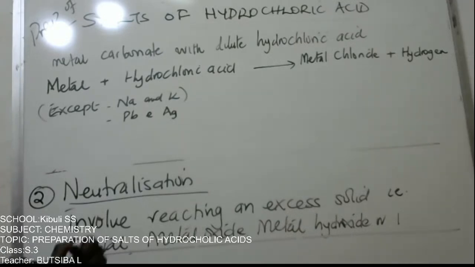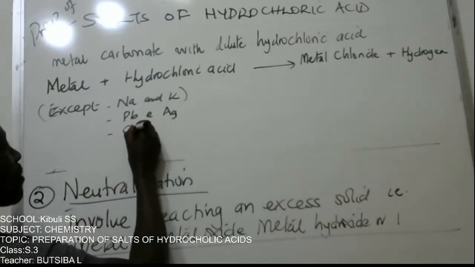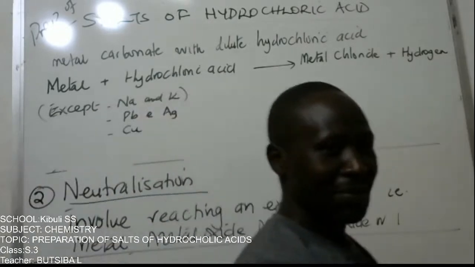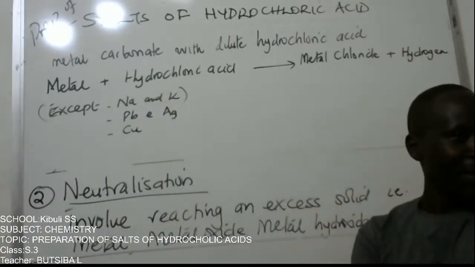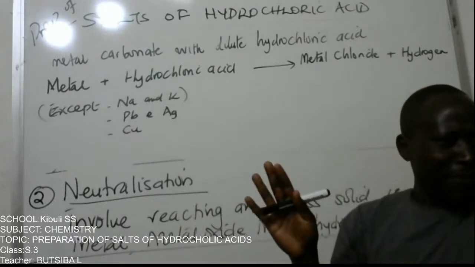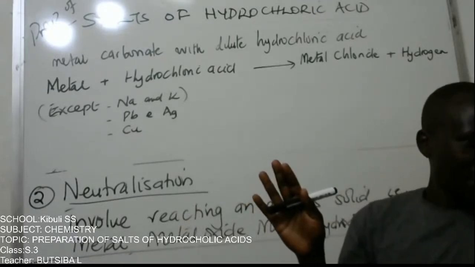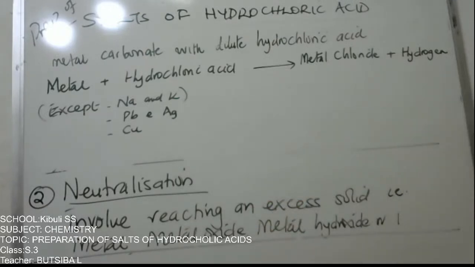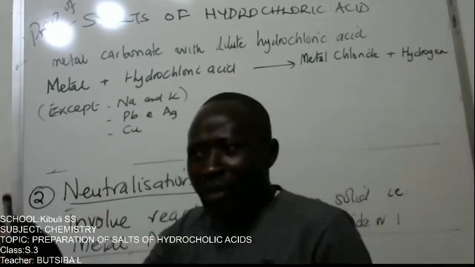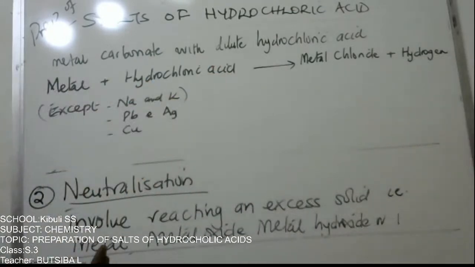Insoluble. We shall also remove copper. Why are we removing copper this time? With the chlorine it was okay. Why is it that with the hydrochloric acid we are saying copper is out of the system?